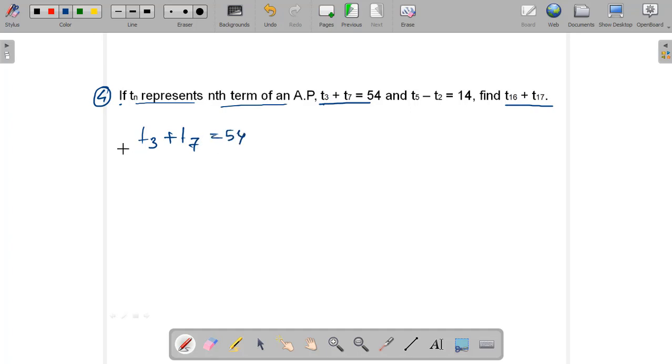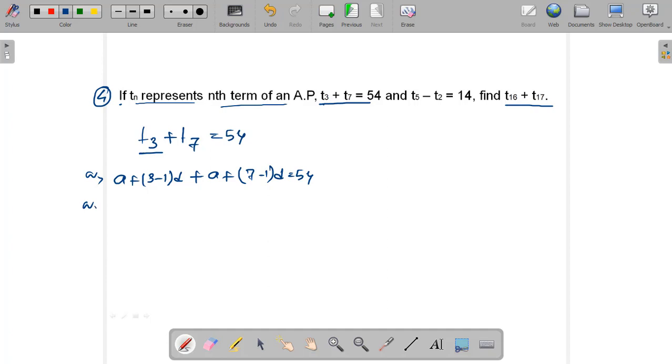Let us take a as the first number and d as the difference between two consecutive numbers of the AP. So instead of T3 and T7, we get a plus 3 minus 1 into d plus a plus 7 minus 1 into d equal to 54, right?